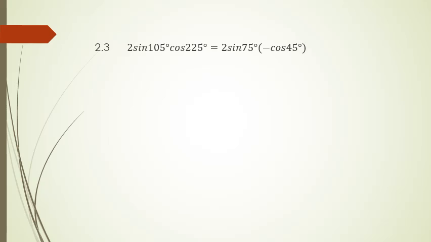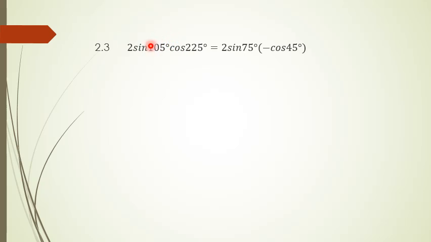Question 2.3. Evaluate without the use of a calculator 2 sine 105 degrees cos 225 degrees. Observing that 105 and 225 are not acute angles, we start by reducing those to acute angles using reduction formula.